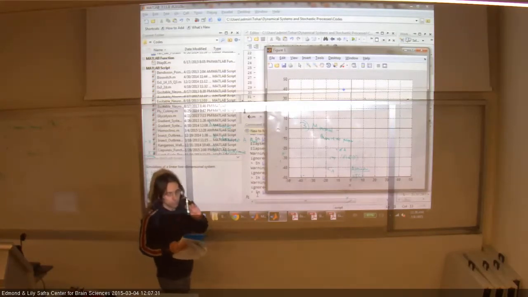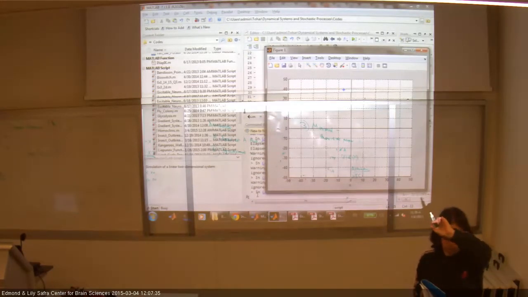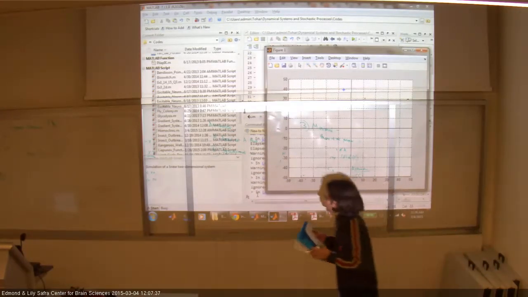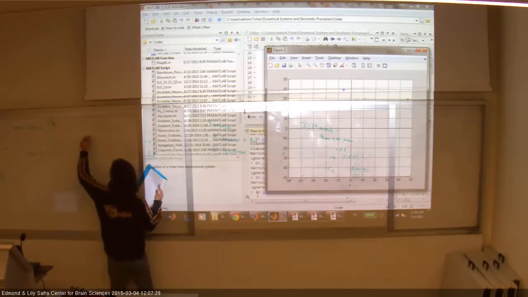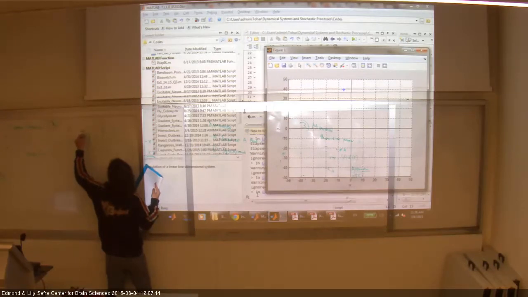So what he did was he plotted the maxima. He took the maxima on the z-axis. Okay, we have this thing. This would be zn. This will be zn plus 1.